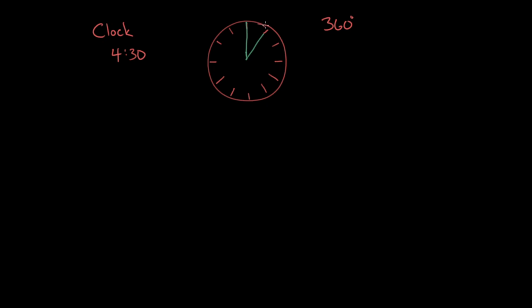Well, I have 12 different gaps in between numbers, and if I add them all up, they should add up to 360 degrees. So each gap is 30 degrees. Those are the two big things I need to know to start: one trip around the circle is 360, and in between each of the numbers is 30 degrees.